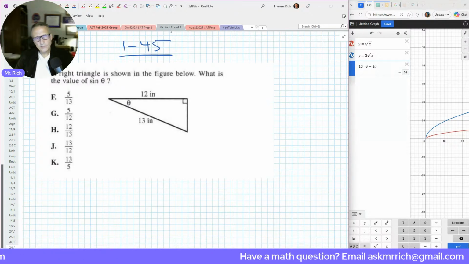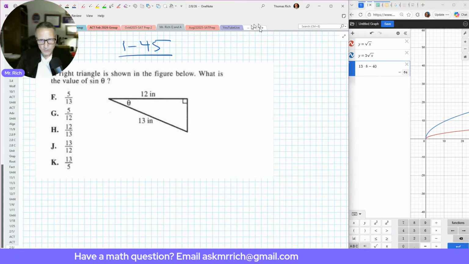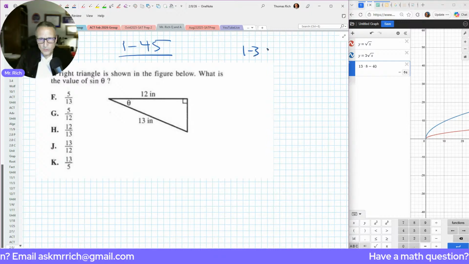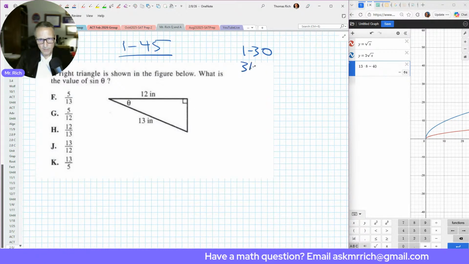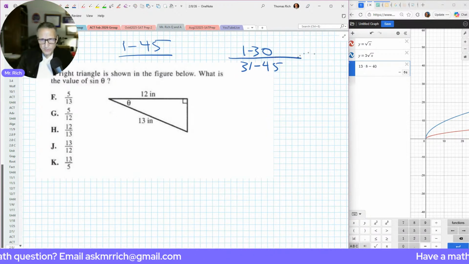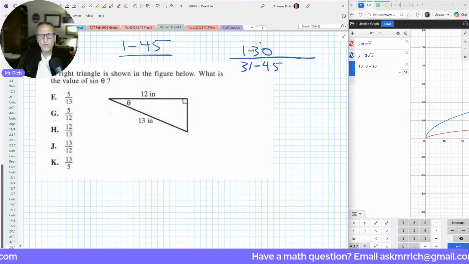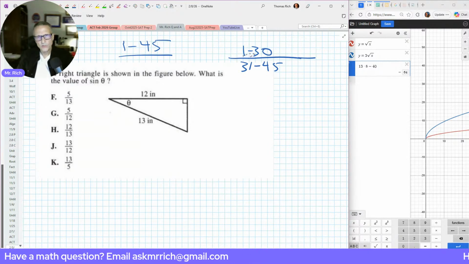But what I tell students, just before we get into this first trig problem, is to think about the ACT math section with questions 1 through 30 as the first part of the test, and questions 31 to 45 as the second part. The reason I differentiate is that as you move from questions 1 through 30, the level of difficulty increases as you get towards question 30.